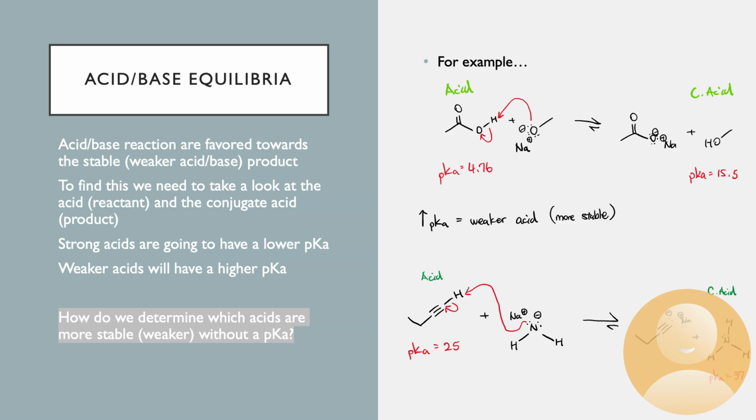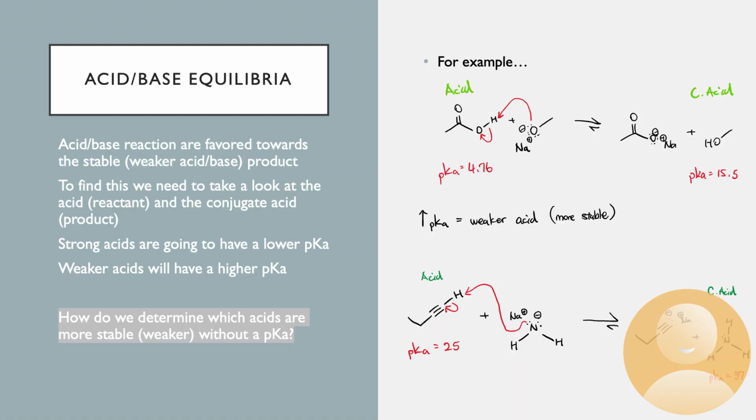Take an example with the reaction on the right, an acetic acid with a pKa of 4.76 reacting with sodium methoxide. Our product will be sodium acetate and methanol. The acid, like I mentioned earlier, is acetic acid. Our conjugate acid is methanol.